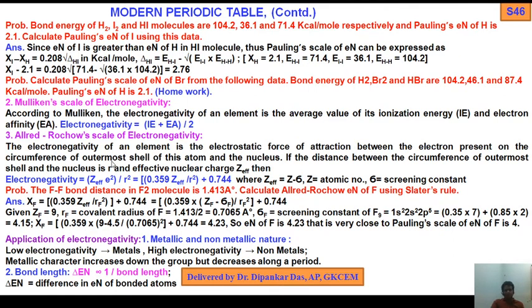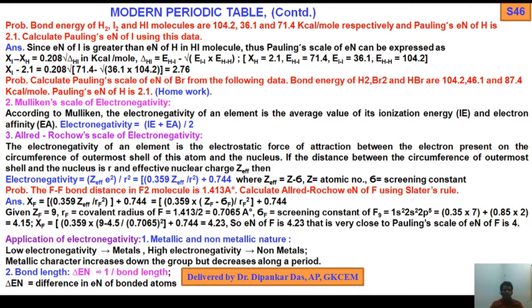Next scale of electronegativity is the Mulliken scale of electronegativity. According to Mulliken, electronegativity of an element is the average value of its ionization energy and electron affinity.